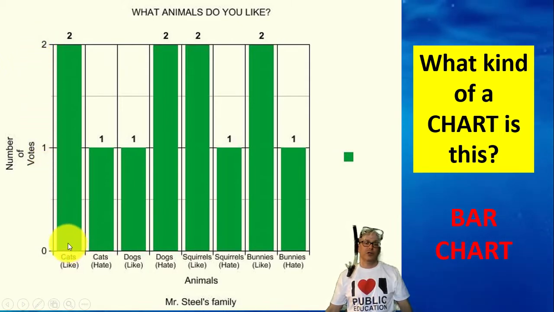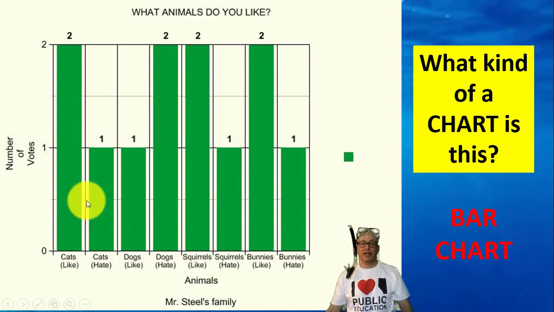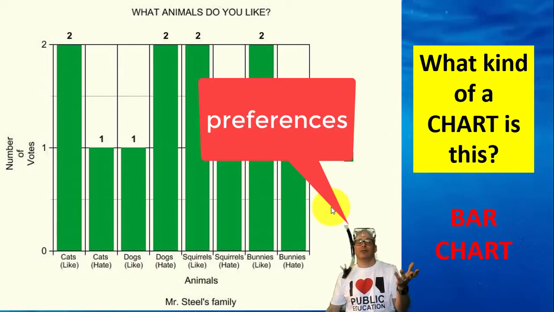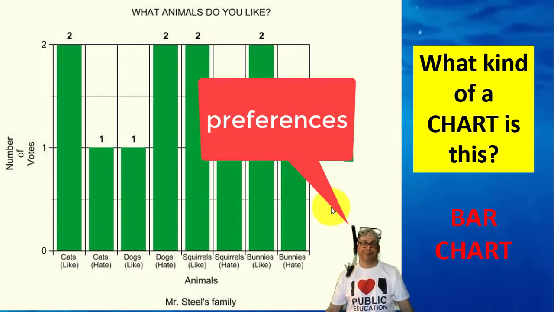So there were 2 votes for liking cats. There was only 1 vote for hating cats. So you can see like and hate, like and hate, like and hate, like and hate. You can see on here preferences. Do you like or don't you like?